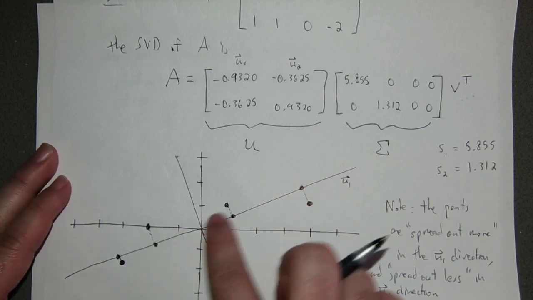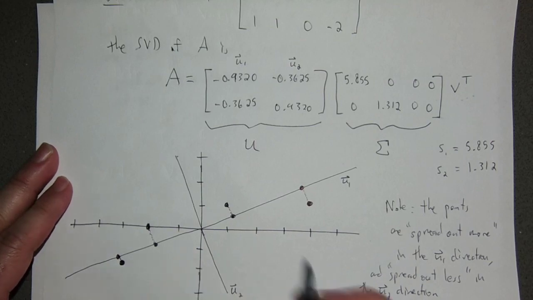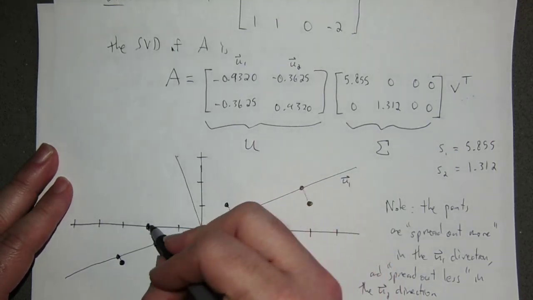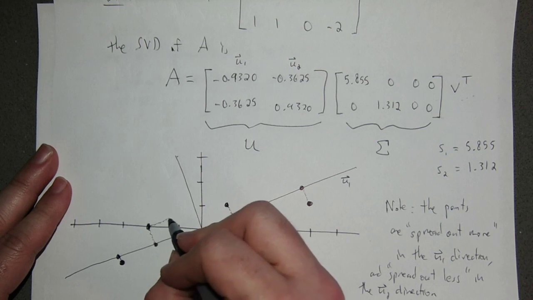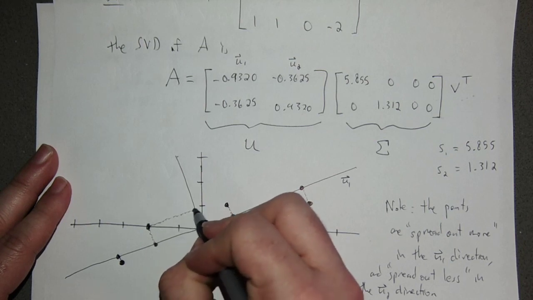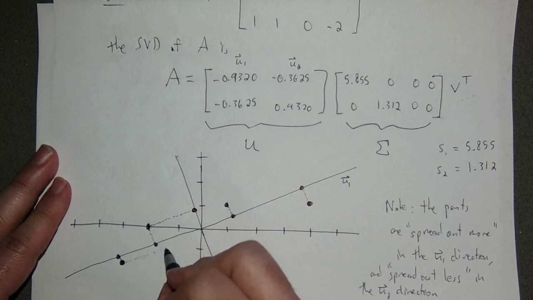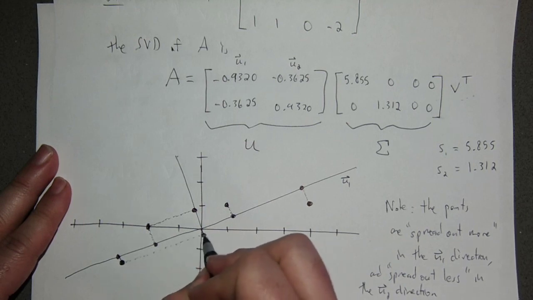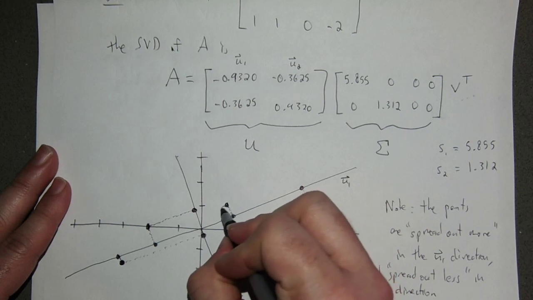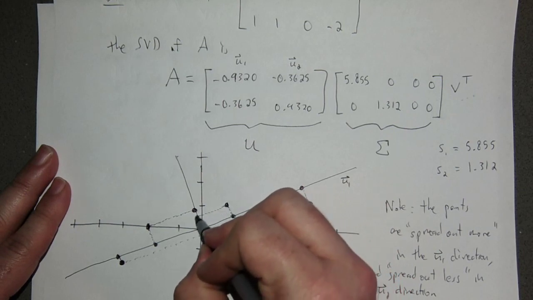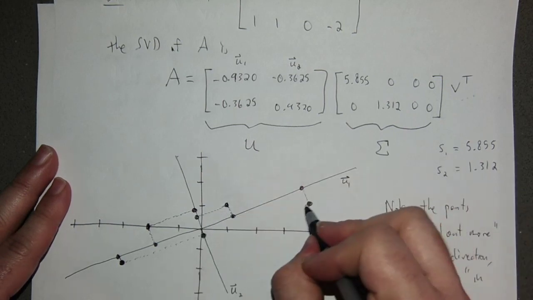But if I projected them in the other direction, so I took this point and now I project it orthogonally onto u sub 2. So there it is. Same thing here, same thing here, and same thing with this one.